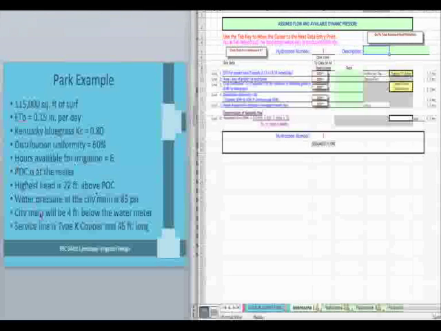We have some other information including where the point of connection is, how high the highest head is above that point of connection, water pressure from the city main, the location of the city main, and also some additional information about the service line that we will use as we go back to the total assumed flow worksheet.